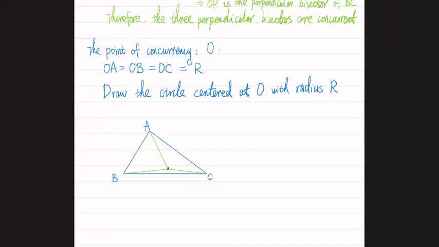Okay, now we have O. This is our radius R. So if we draw the circle centered at O with radius R, it will go through the 3 points A, B, C. Let's see if I can draw this nicely.